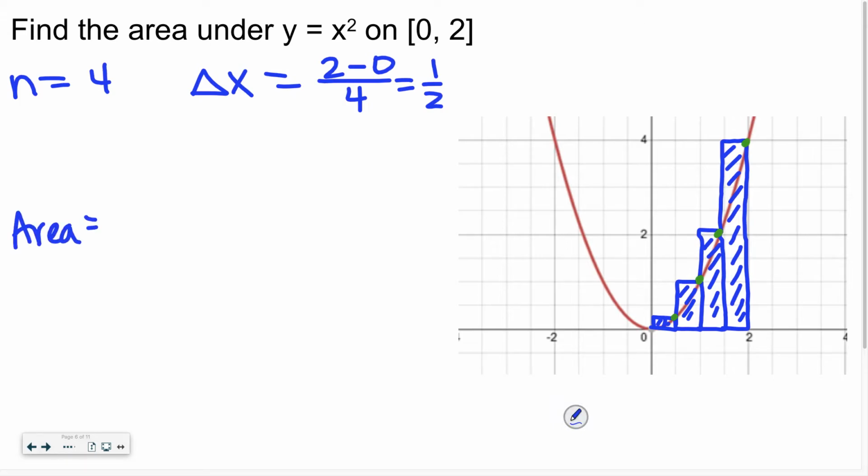So for our area, we're going to have 1/2, because that's how wide this rectangle is. You know what, I'm going to start at the right side. Since we're doing right-hand endpoints, let's start at the right side and work our way left, okay? Because on the right side, our height comes from this coordinate, f of 2.